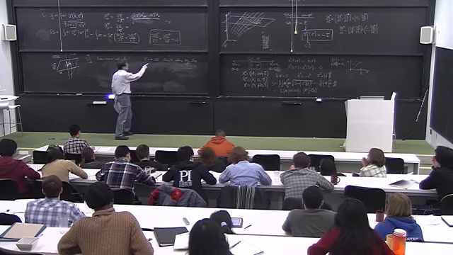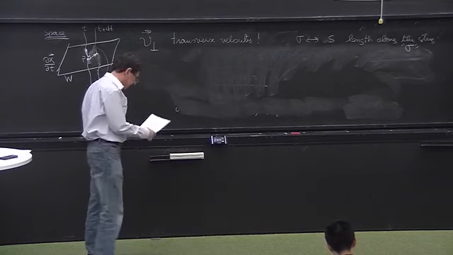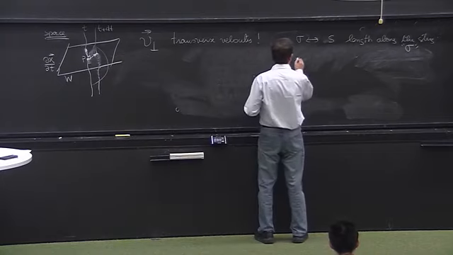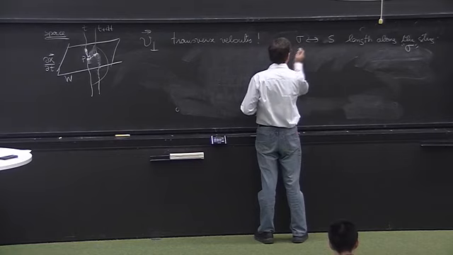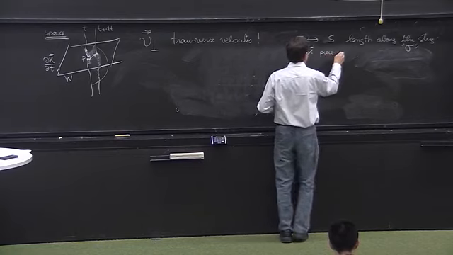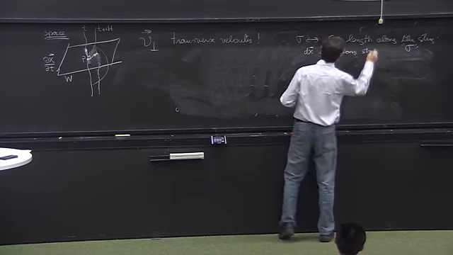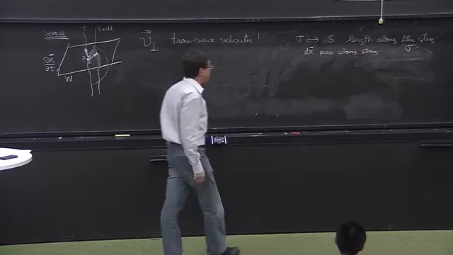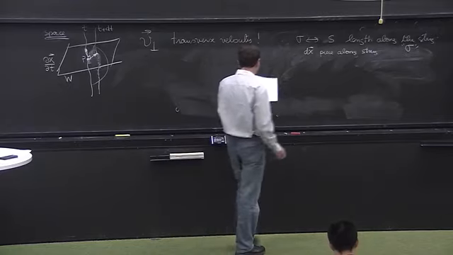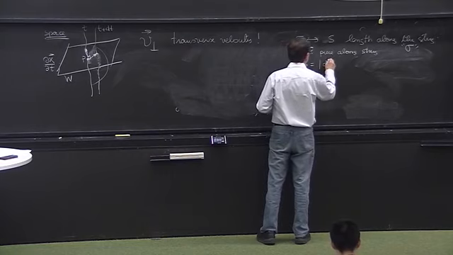So s, don't confuse it with proper time or anything. I'm sorry, we ran out of letters. It's going to be a length along the string. If you take a little piece of string dx along the string, and when I say along the string, that means at constant time, which is the same thing as constant tau, then ds is equal to the length of this piece.